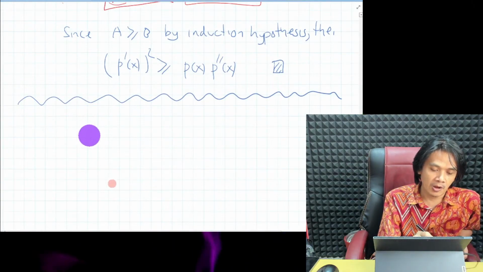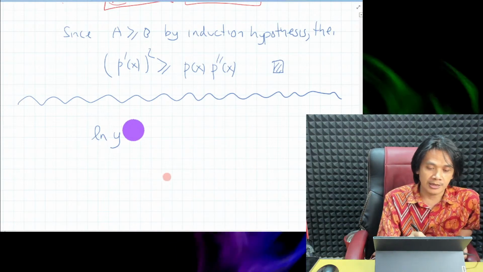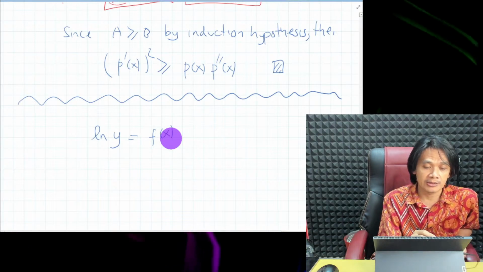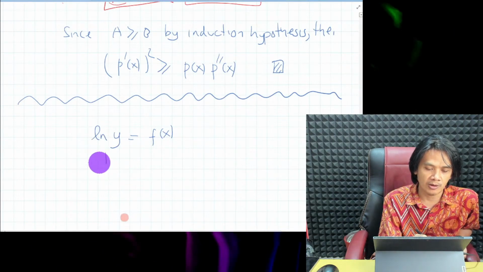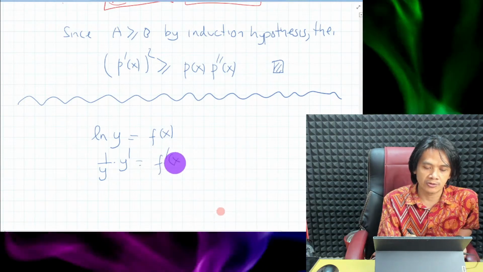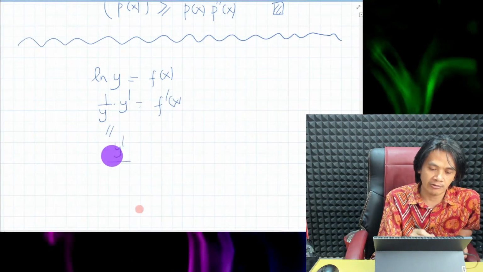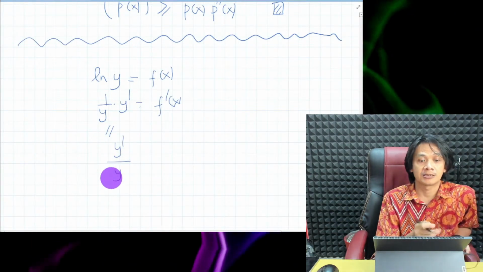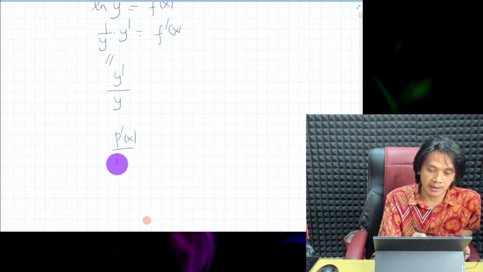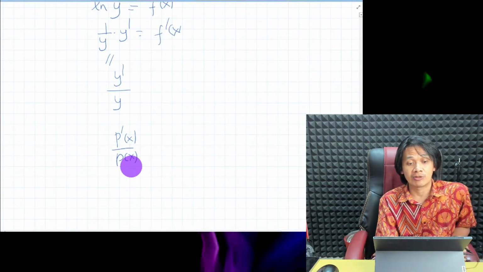Remember that when we have something like this, for example, and we want to find the derivative of y, what we do is take the derivative of this: 1 over y times y prime is equal to the derivative of this. So in particular, on the left hand side we have that kind of expression, the derivative divided by the function. So this p prime of x divided by p of x is more beneficial, right?